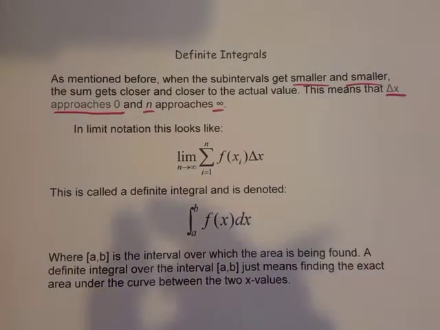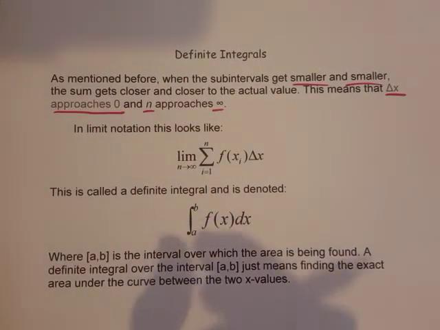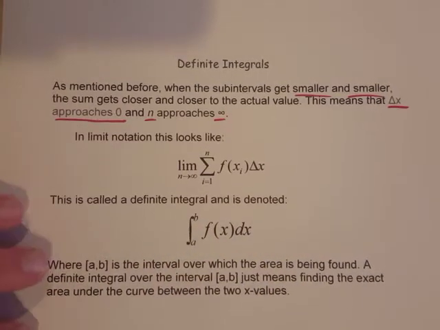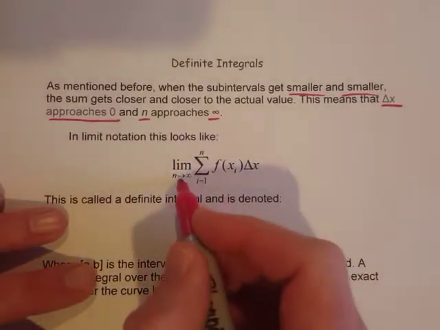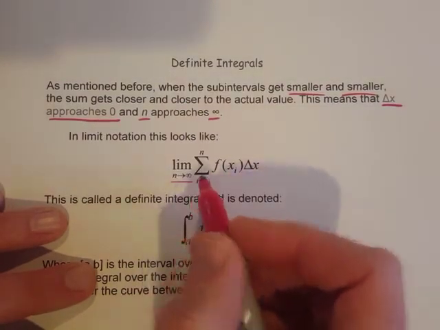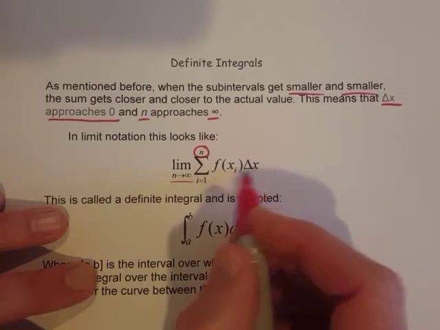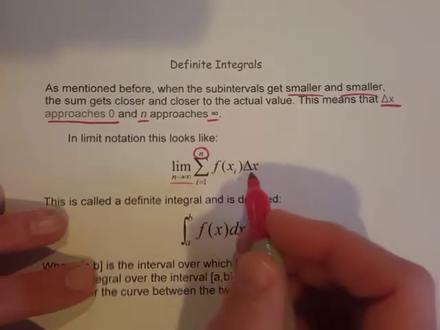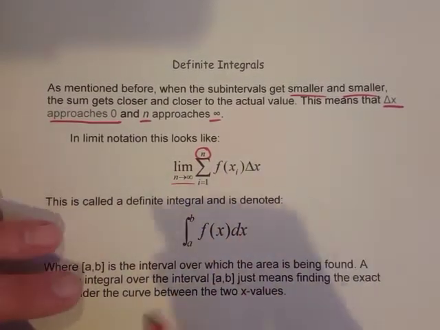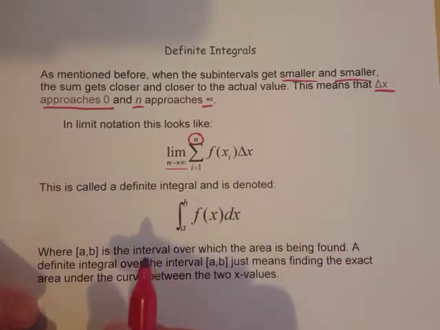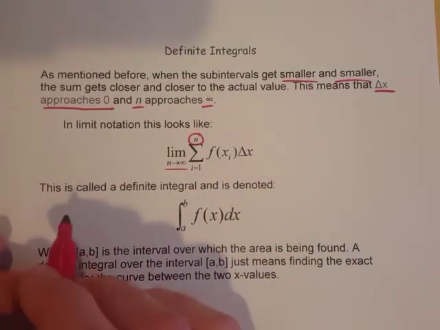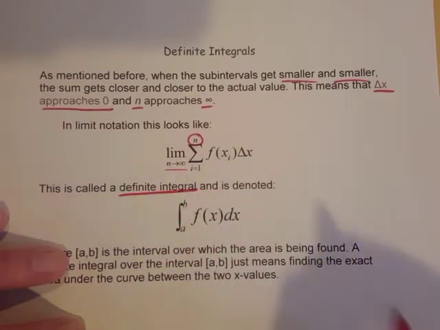So tiny, really skinny little rectangles, and an infinite number of those. These are getting really small, and if you go far enough, to infinity, then it's actually equal to the area underneath, and that's what's called a definite integral.